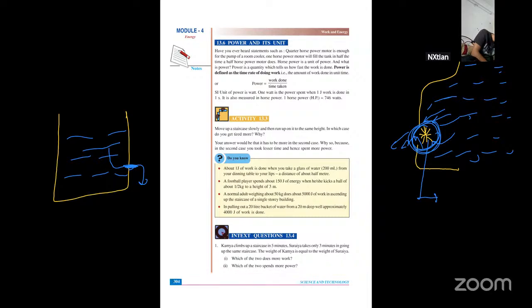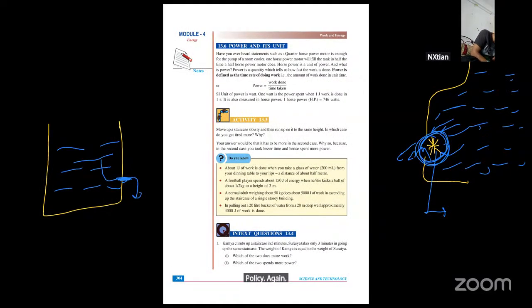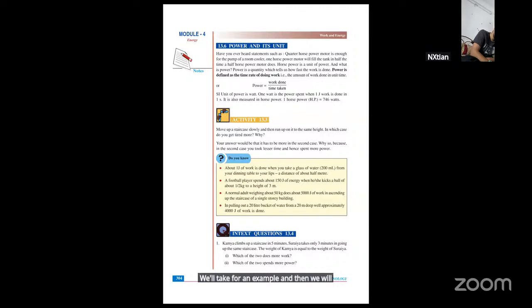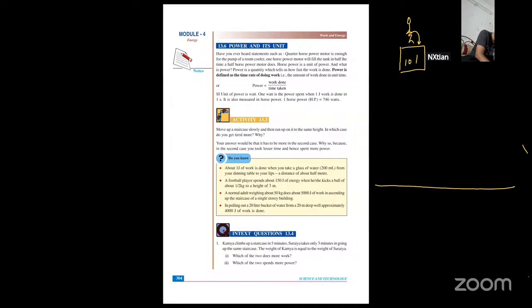Power. We'll take one example and then we will understand this. Listen, guys. For example, this person pushes a box. The box is 10 kg and the distance is 10 meters, for example.